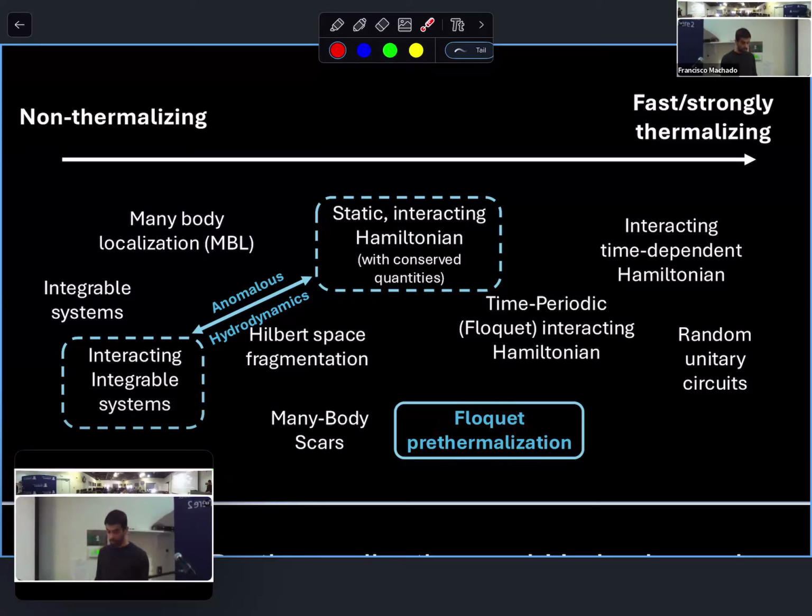And then I'll comment on how the addition of novel conserved quantities can fundamentally alter the approach to equilibrium, giving rise to an anomalous form of hydrodynamics. So that's going to be the plan for today. And my third lecture is going to be on something very different.